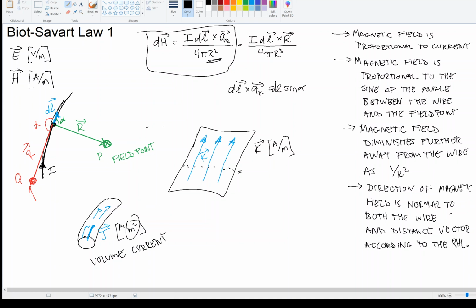So how much current is going through that cross-sectional area. Over here with the surface current density, a surface has a slice that's a line, and so this is amps per meter. This is the surface current density. Okay, and this of course is just the current over here.